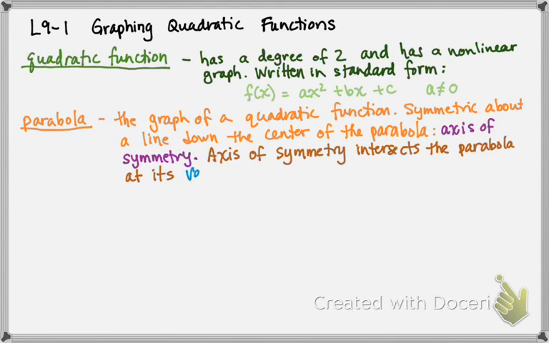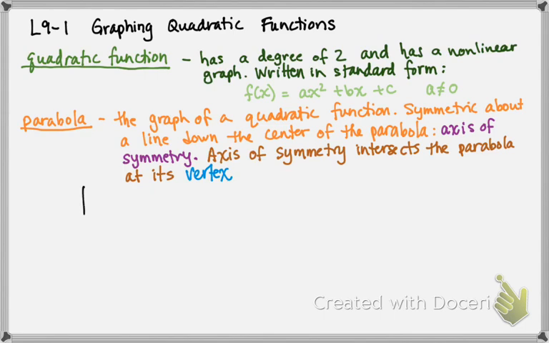The vertex is going to be either the topmost point if your parabola is facing down, or the bottommost point if your parabola is facing up. So let's draw a picture so you can see what I'm talking about when I'm mentioning vertex.